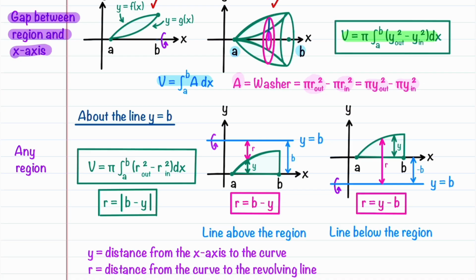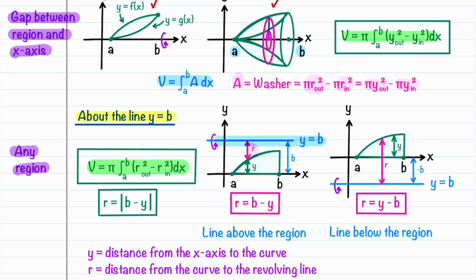Let's now go over the formula for rotating a region about a line y is equal to b. The formula is written in terms of the radius and can be used for any region. In the first diagram, the line that the region is rotated about lies above the region.